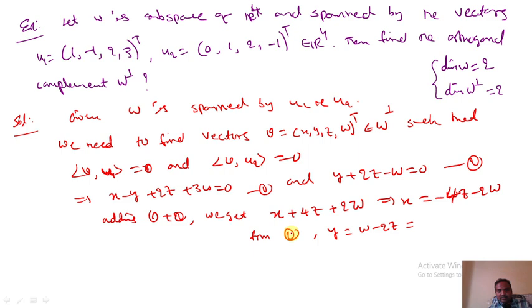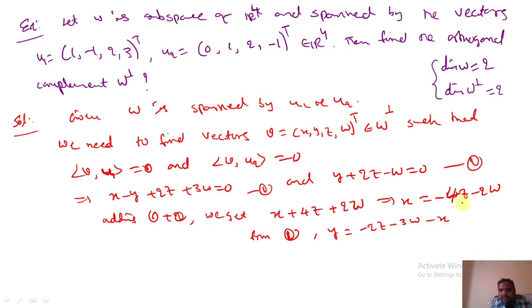Sorry, substitute x in one equation. From equation 1, y is equal to minus 2z minus 3w minus x.